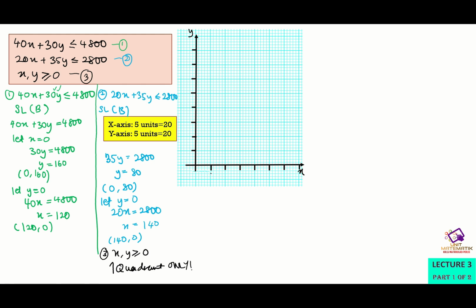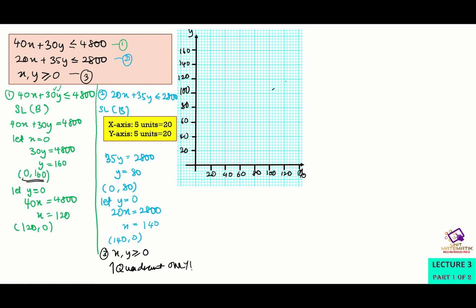So, here we will have 20, 40, 60, 80, 100, 120, 140 here. Okay. And the same for the y-axis. 20, 40, 60, 80, 100, 120, 140, 160.